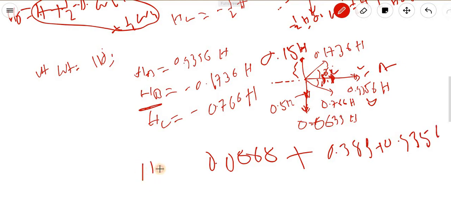So this will be the horizontal component and this will be the vertical component. Vertical component, how much?